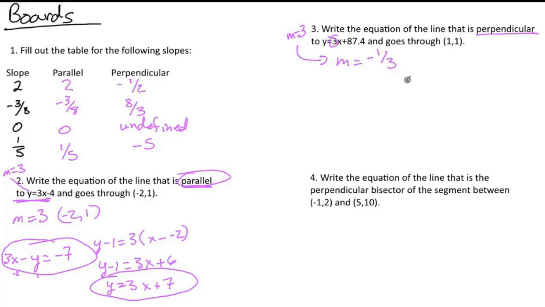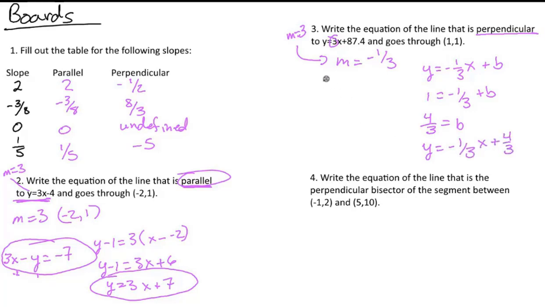Let's do the y equals mx plus b route this time. We get y equals -1/3 x plus b. Stick a 1 in there and a 1 in there, and we get 1 equals -1/3 times 1 plus b. Add 1/3 to both sides, and we get 4/3. So that is y equals -1/3 x plus 4/3.